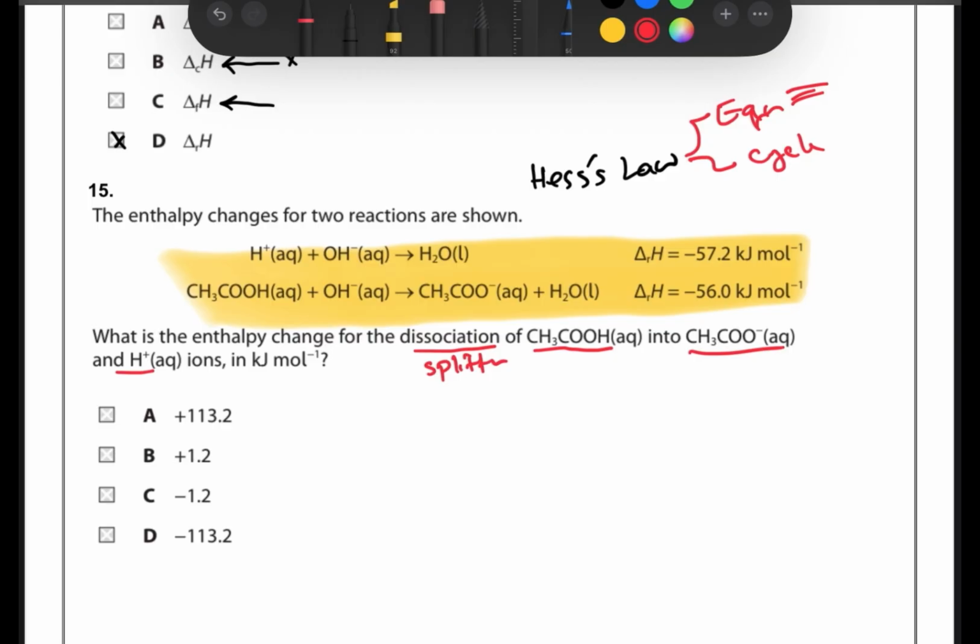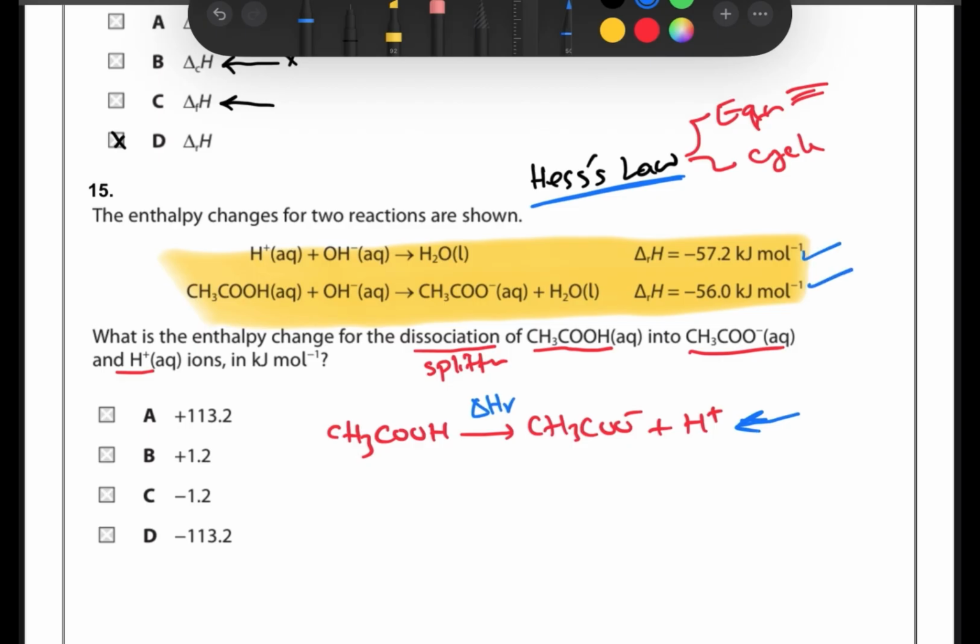So we write this equation. CH3COOH will split up into CH3COO minus plus H positive. Now, how can I calculate the enthalpy change for this reaction? By applying Hess's law. Just keep in mind the delta H for this reaction cannot be calculated directly, but we can calculate it using other reactions.